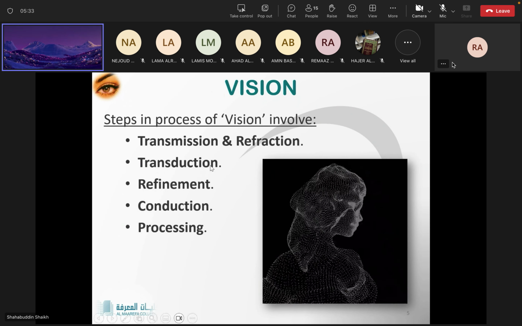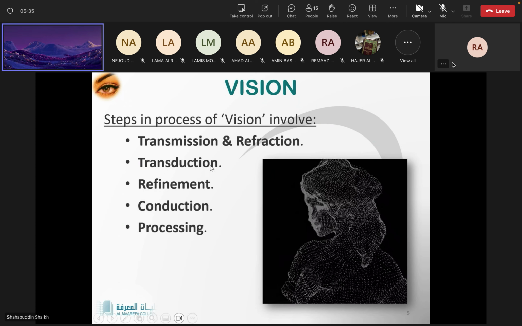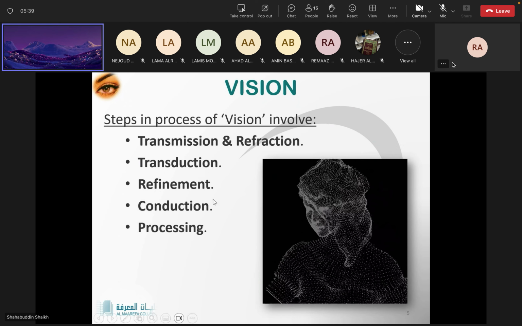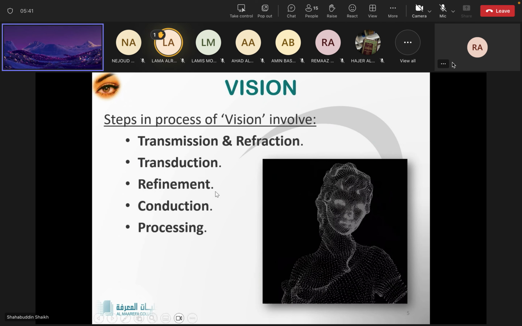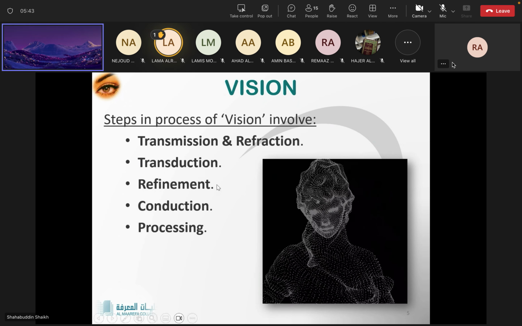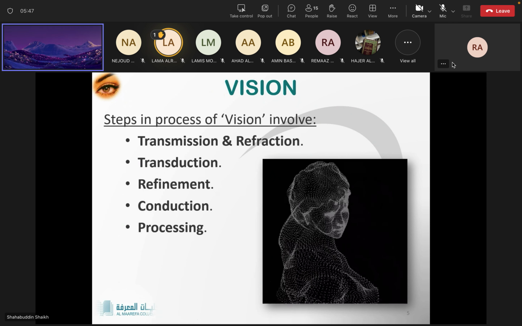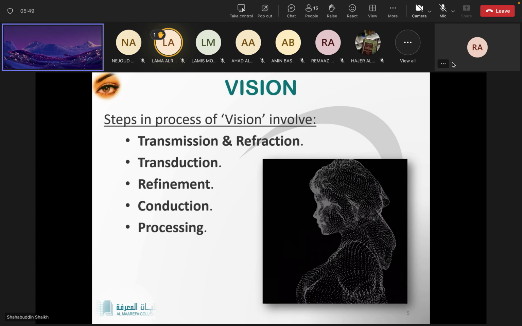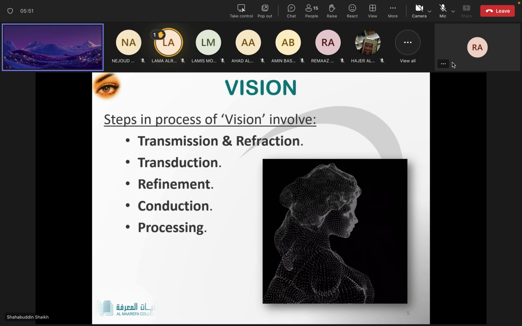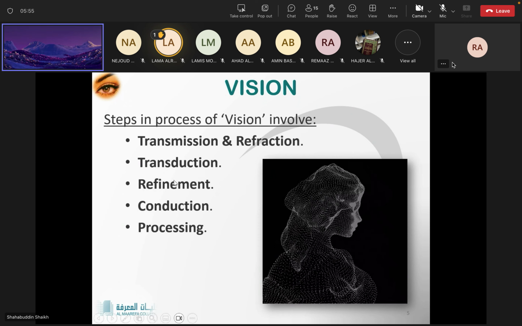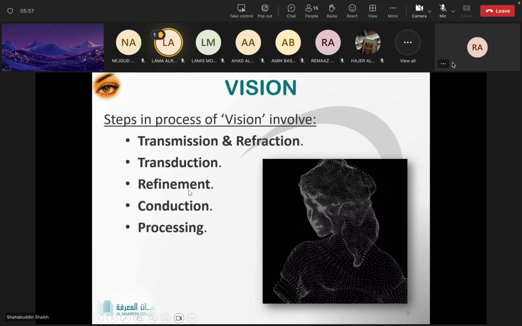Once these action potentials are generated in the receptors of the retina, they will be processed in the retina itself. The action potential will be sent from one neuron to another. There are multiple layers of neurons in the retina, and they do some sort of processing. This is called refinement.